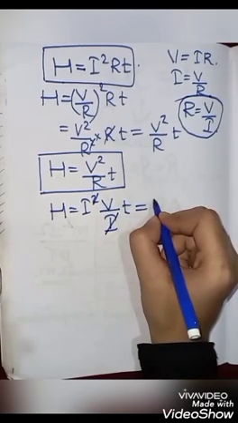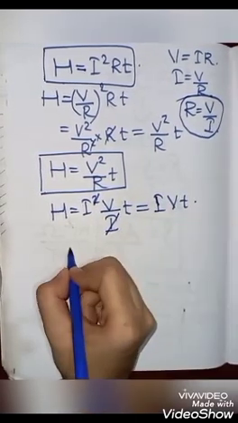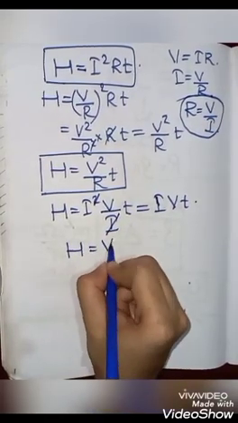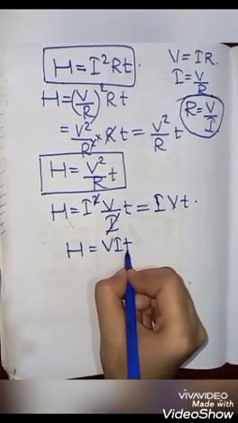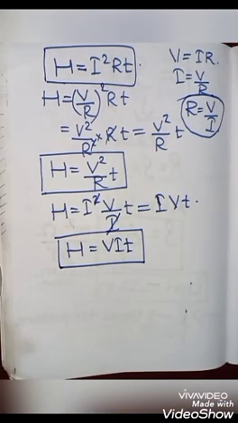Then we will get I V into T, or we can write H is equal to V I T. This is another equation for Joule's law of heating.